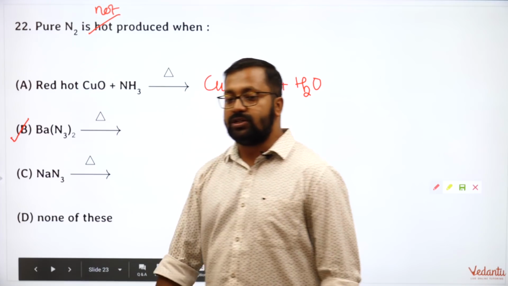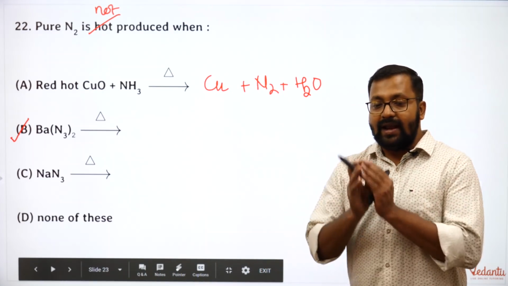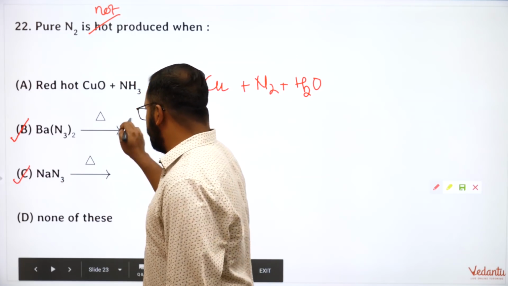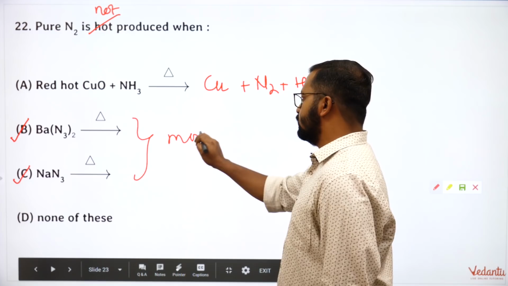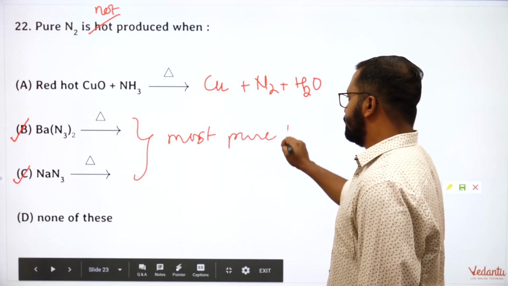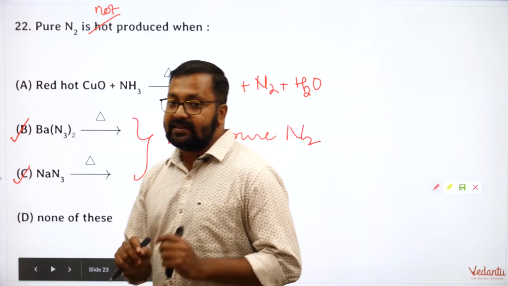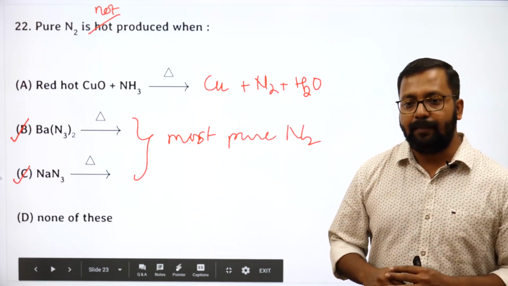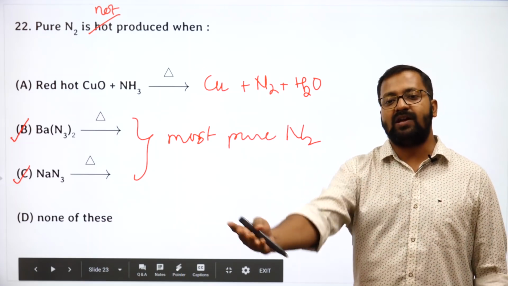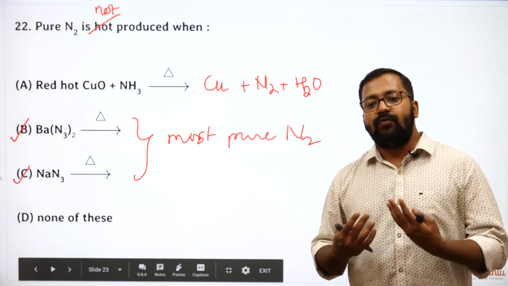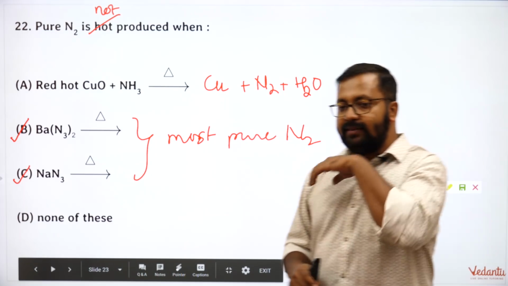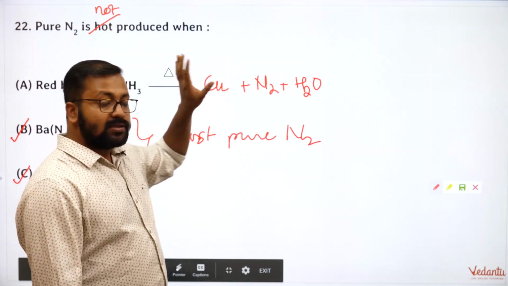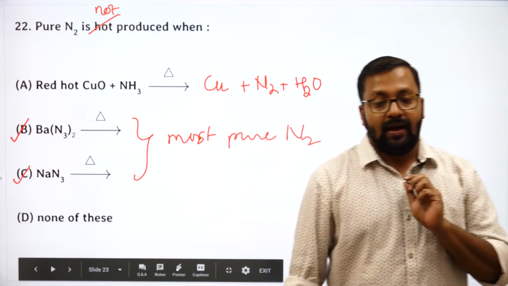Azides on decomposition will produce nitrogen in maximum purity. So most pure nitrogen, that is the reason azides are used as a pellet in your car airbags, because they can explode, give a large amount of pure nitrogen very rapidly, and that will not support combustion. But a method like this is not going to produce pure nitrogen.